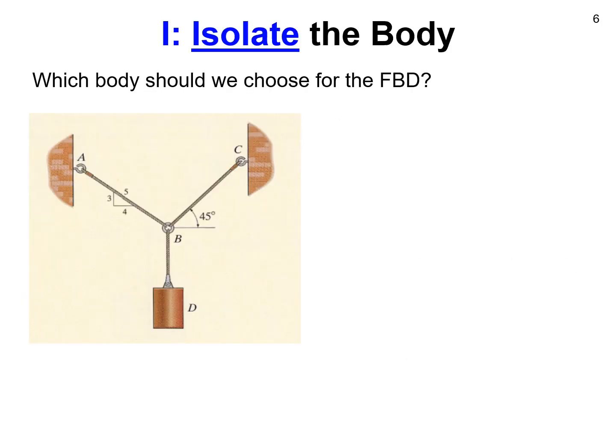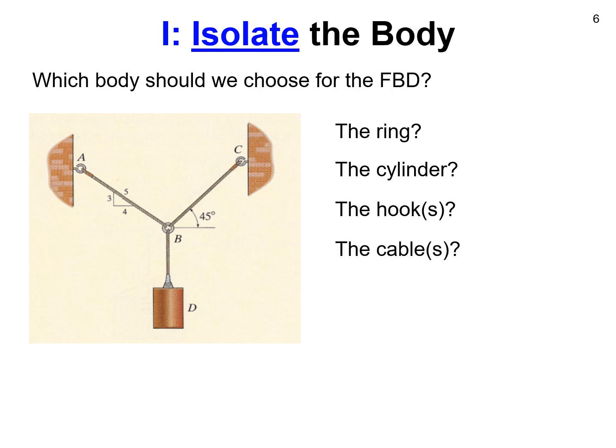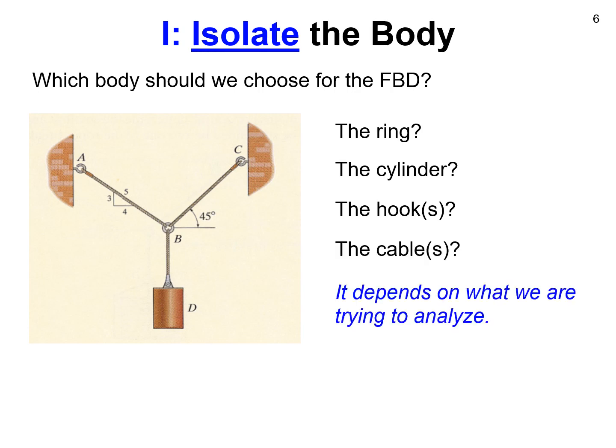So the first step is isolate the body, and that question then leads to which body should we choose for the free body diagram. As we discussed before, there's many parts, so we could say, do we want to draw a free body diagram of the ring, or the cylinder, or the hook, or both hooks, or one or more than one of the cables?